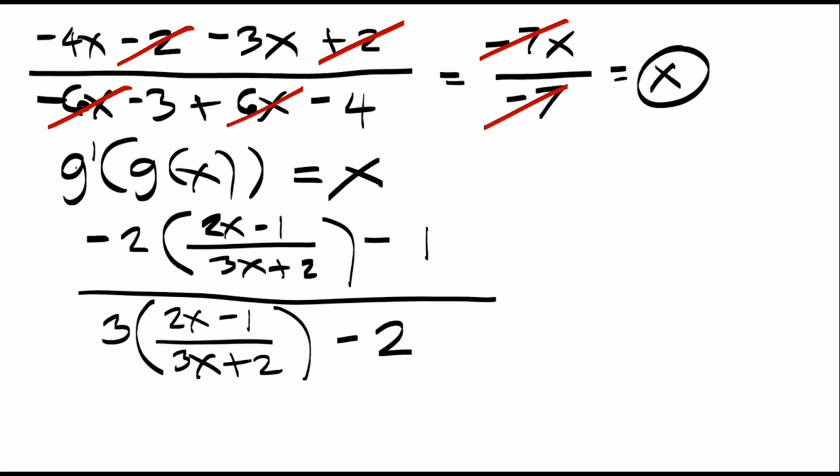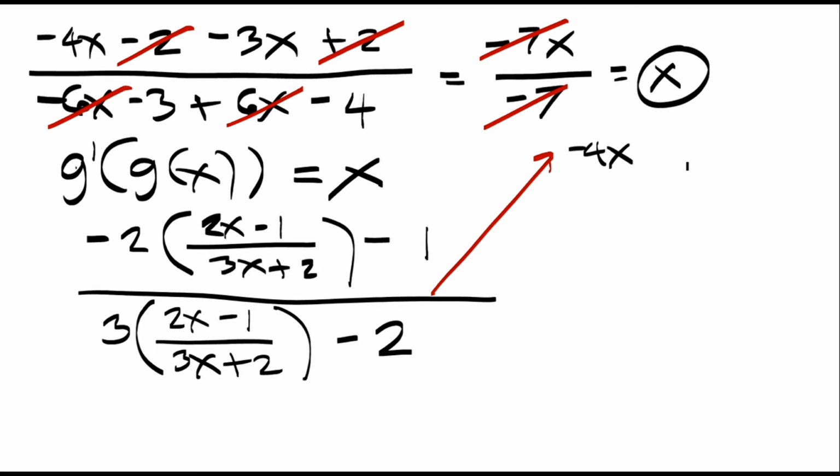And then, like what we did in the first verification, let us simplify this one. Let us write the simplification here. So negative 2 times 2x minus 1 is negative 4x.